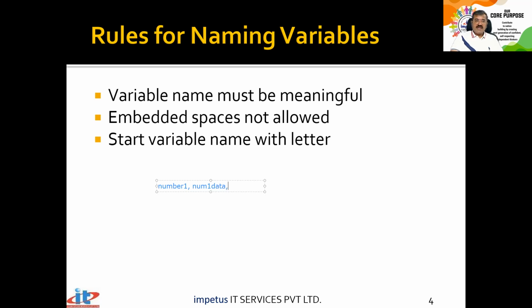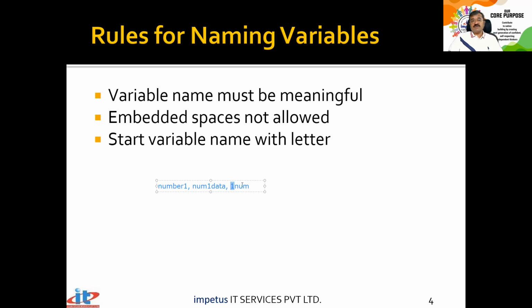But I will never create a variable saying 1num. Most languages will not allow you to create a variable that starts with a digit. You have to start with a letter. You can have digits in between, but the variable name should not start with a digit.